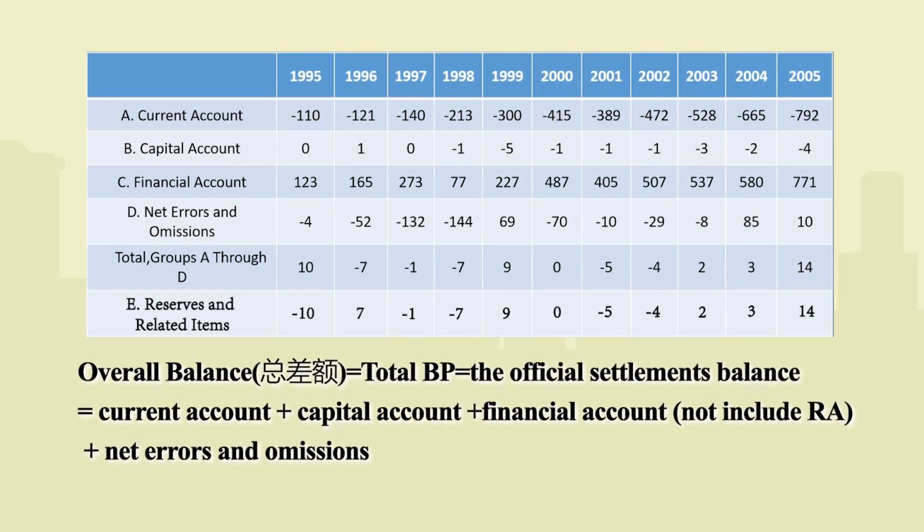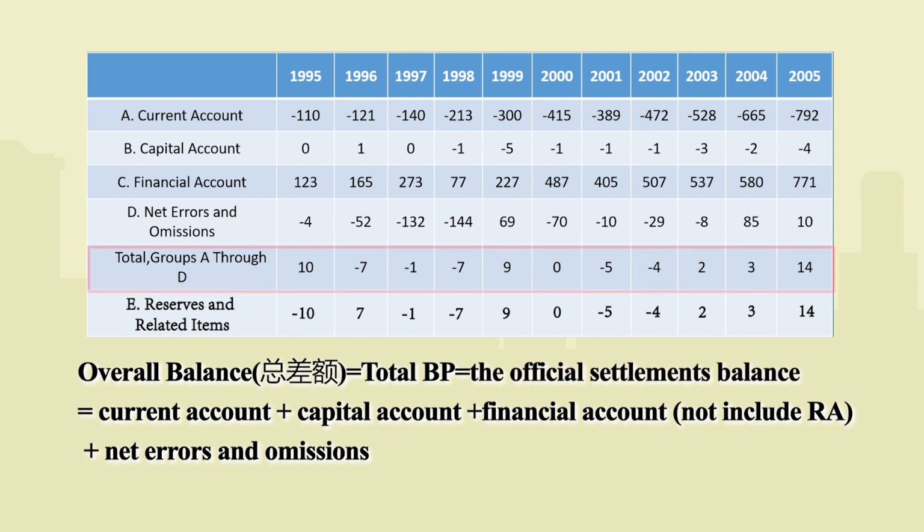Total Group A through D is the sum of the current account, capital account, and financial account, which doesn't include the official reserve account and net errors and omissions. It's defined as the overall balance, also called total BOP, or the official settlements balance.